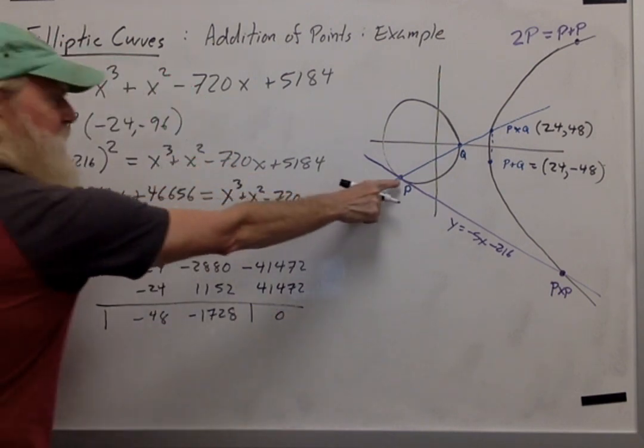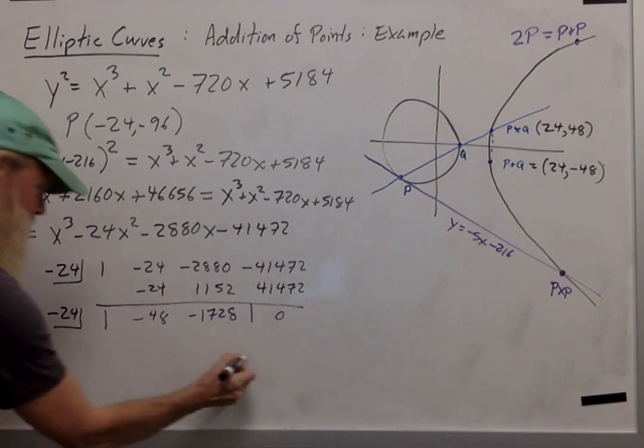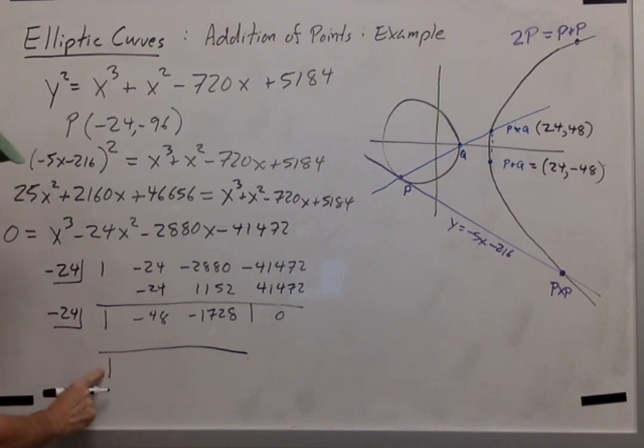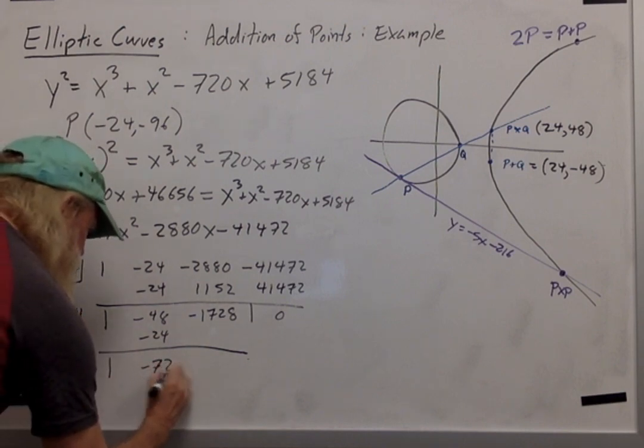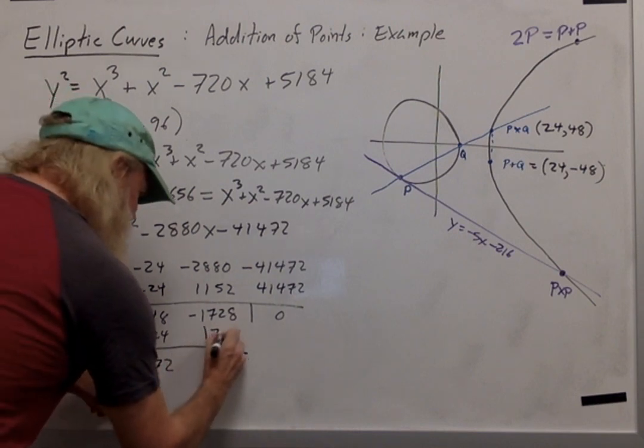But since this is a point of tangency, that point has multiplicity 2, so negative 24 is going to be a root of this polynomial as well. Let's do the synthetic division. Bring down the 1. Negative 24 times 1 is negative 24. Adding, I get negative 72. Negative 24 times negative 72 is 1728.